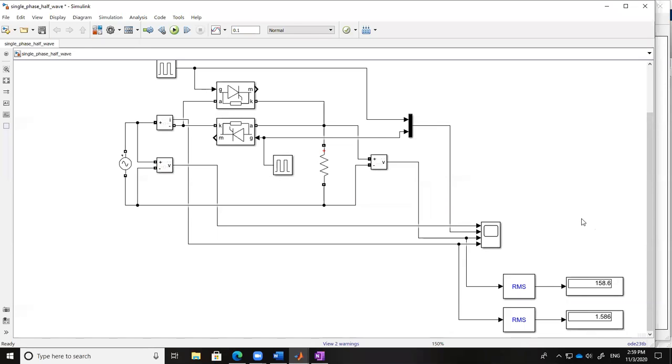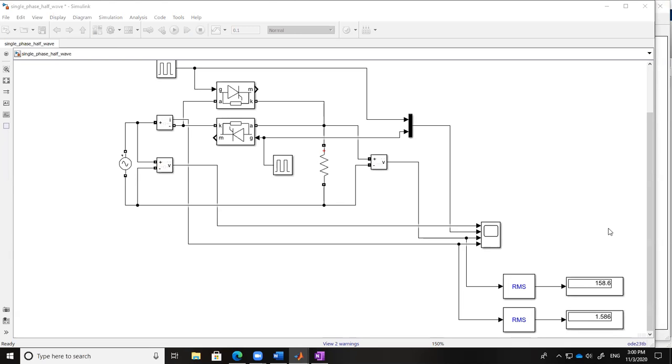Now, any query related to this? Any specific query related to this discussion? In terms of control, yes, controlled rectifiers are better than diode rectifiers, because in diode rectifiers you do not have control over the output voltage.